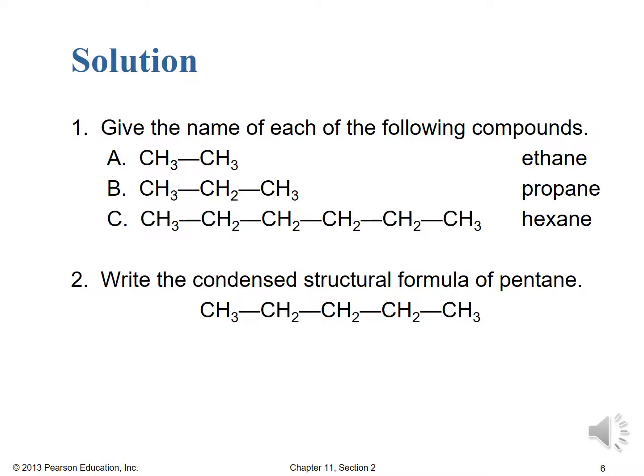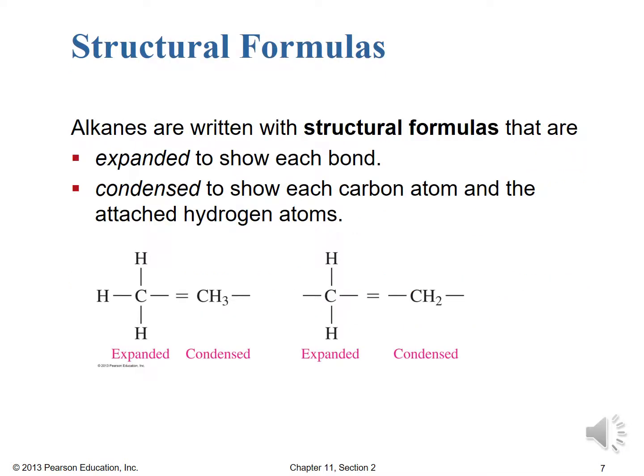All right, so the structural formulas that you tend to see for alkanes can be written either expanded, where we show every single bond. That gets old fast because we're dealing with pretty long carbon chains pretty quickly into the course. We tend to use condensed structural formulas, or as you'll see in the next slide, we use even shorter shorthand notation for a lot of these things just for convenience's sake.